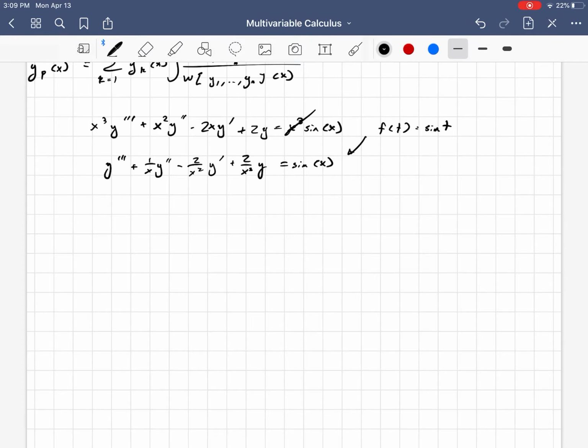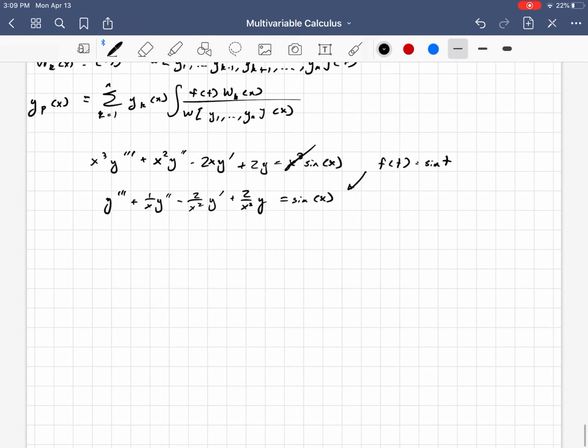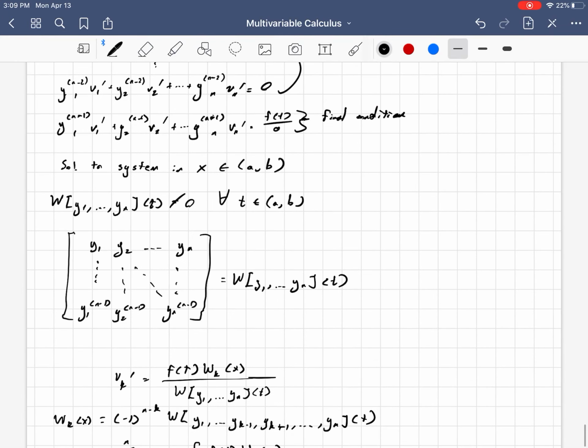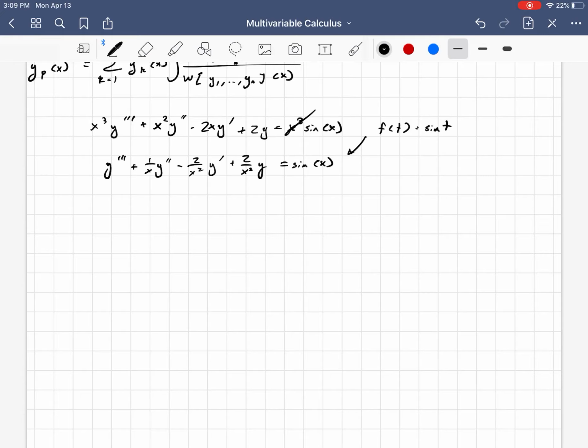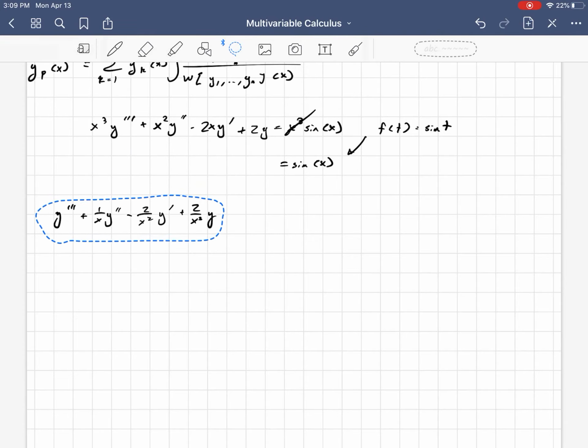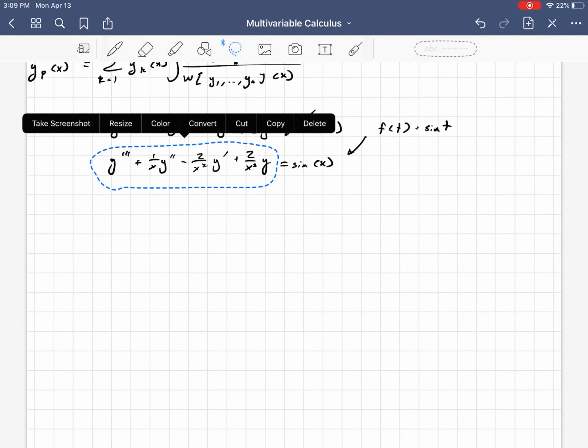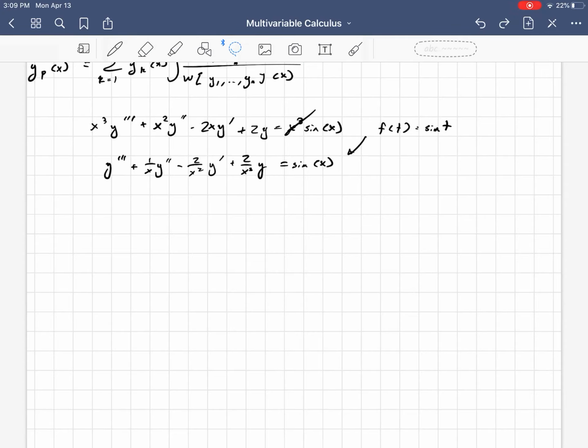But first, before any of that, the Wronskian is made up of the fundamental set of solutions. That's what the y sub 1 up to y sub n mean. So we need to first set this up, let me just write it.